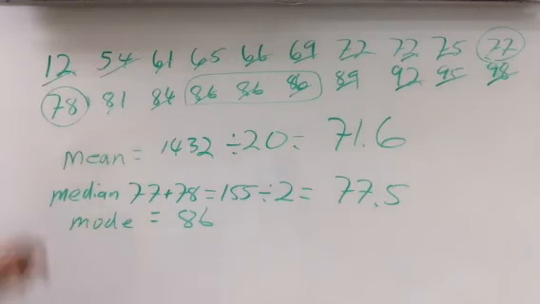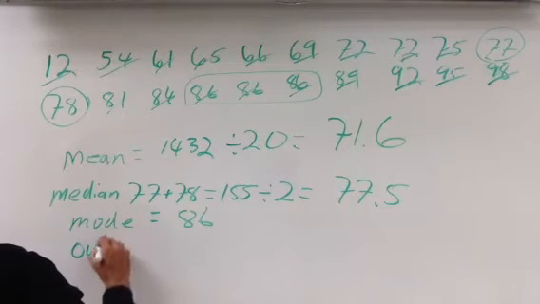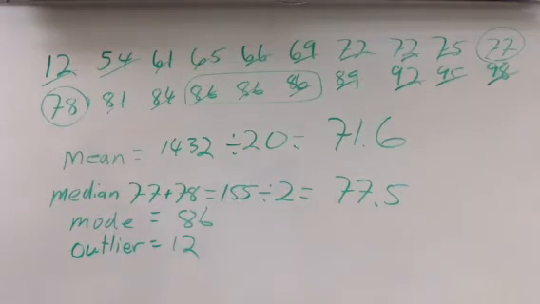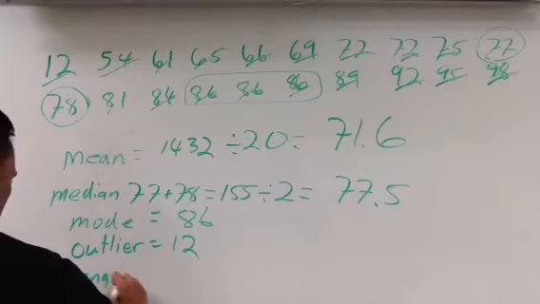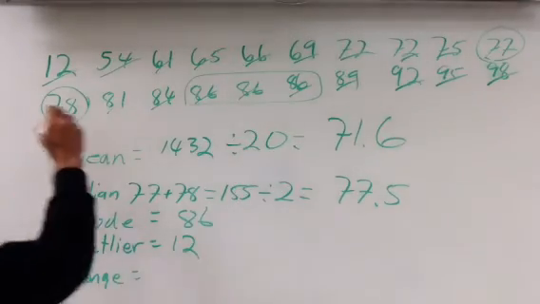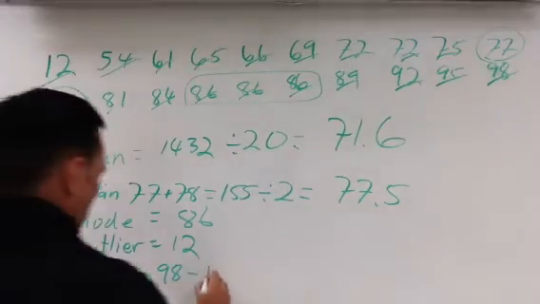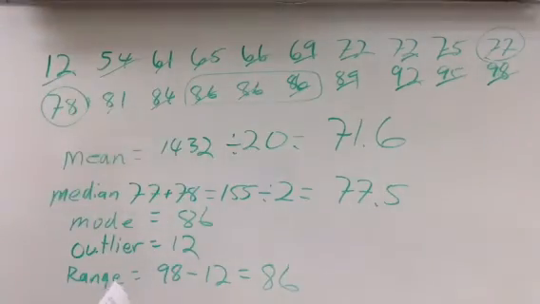This could be maybe a student that slept during class all the time, or that missed 10 straight days of school. So we do have an outlier, and that is 12. And finally our range. Our range, so we take 98, subtract 12, so our range here is 86.